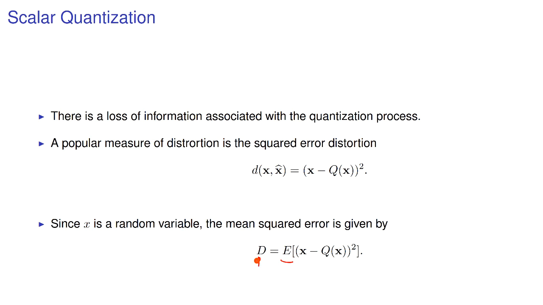Obviously, if you have more regions, you can make those regions smaller, and therefore this mean squared error is reduced. However, if you increase the number of regions, then you need more bits. So there is a trade-off: how many bits you are prepared to use and how much distortion you are ready to accept.